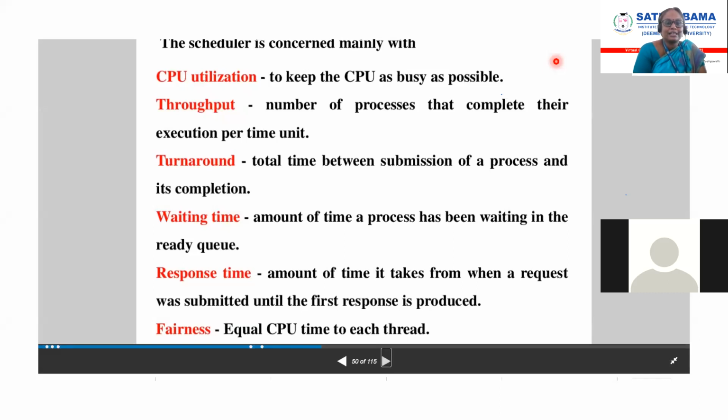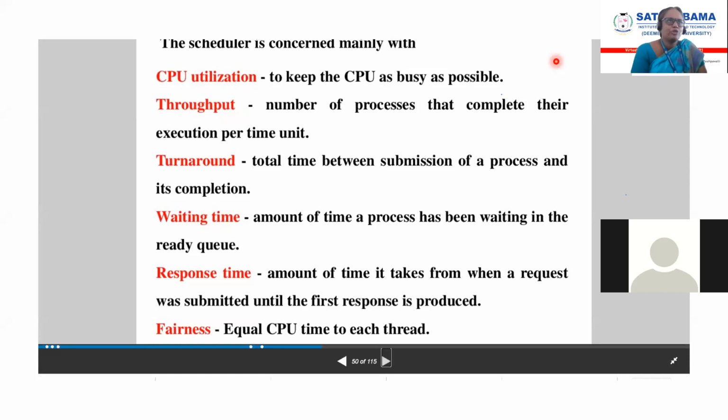Throughput means executions per time. Turnaround means the total time between submission of a process and its completion. Waiting time is whenever the process is in the queue. Response time is the time from when a request was submitted until the first response is produced. So these all depend on time period.